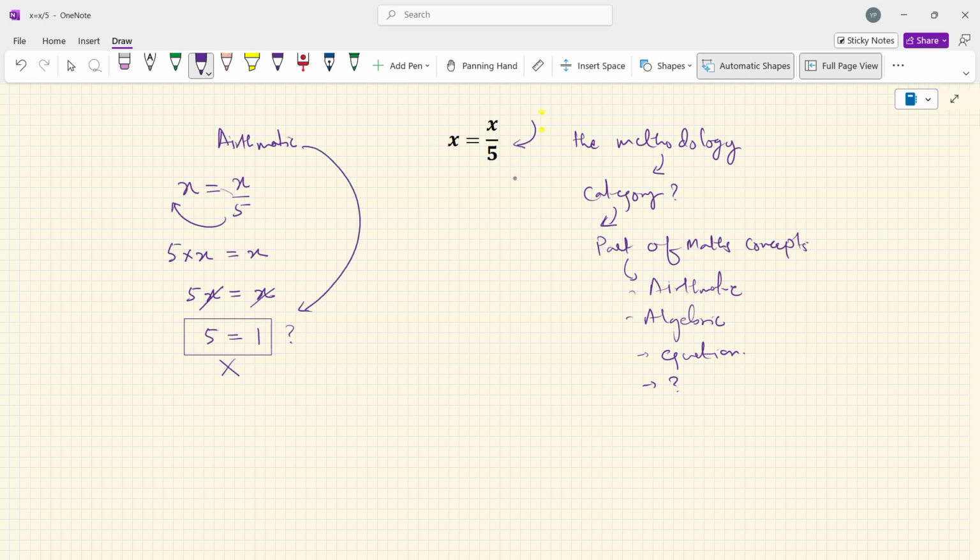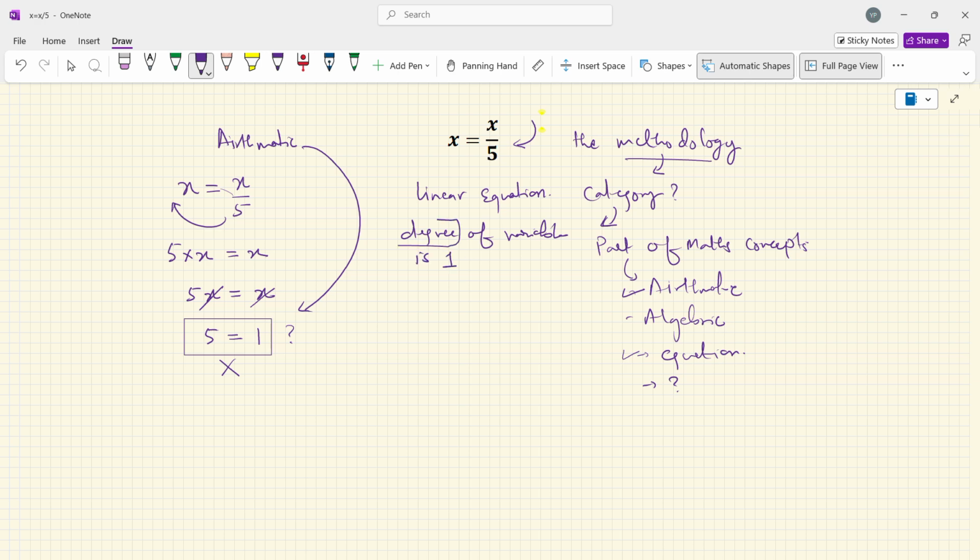If we change our approach or methodology from arithmetic to equation, and to be very precise, it is a linear equation. Why linear equation? Because the degree of x, the degree of the variable, is 1.